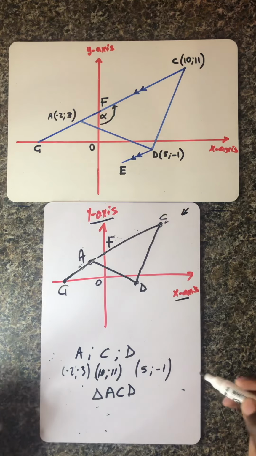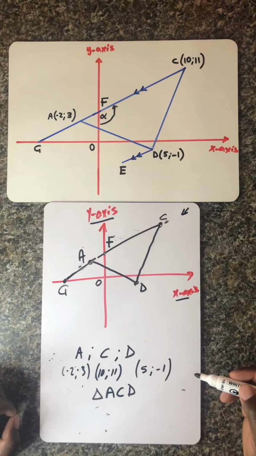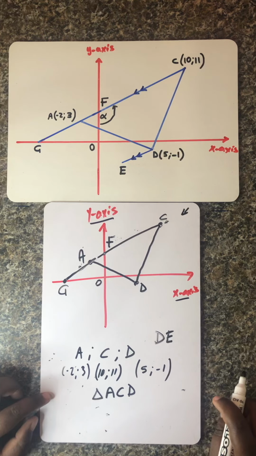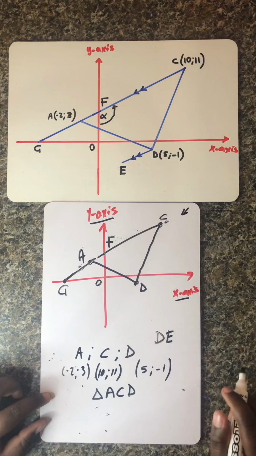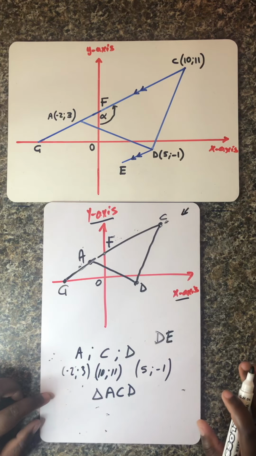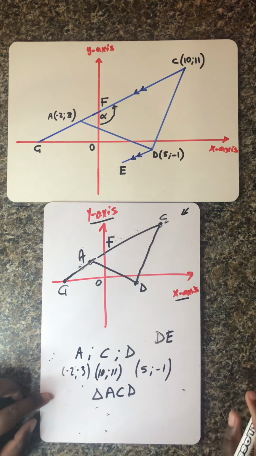So now let's continue to interpret this given diagram. The straight line, which is straight line DE. Ladies and gentlemen, you notice that we haven't got any curves there. We only have straight lines.